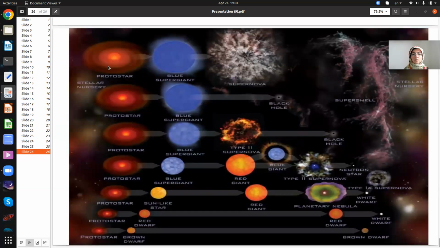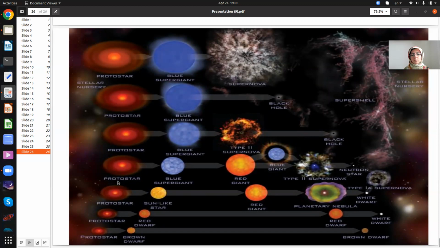You see the star formation. For example, if we have a massive giant molecular cloud, then we have a blue supergiant, and then we have a supernova, supernova type 1 and supernova type 2. And then you see the decrease in the mass of the protostar.